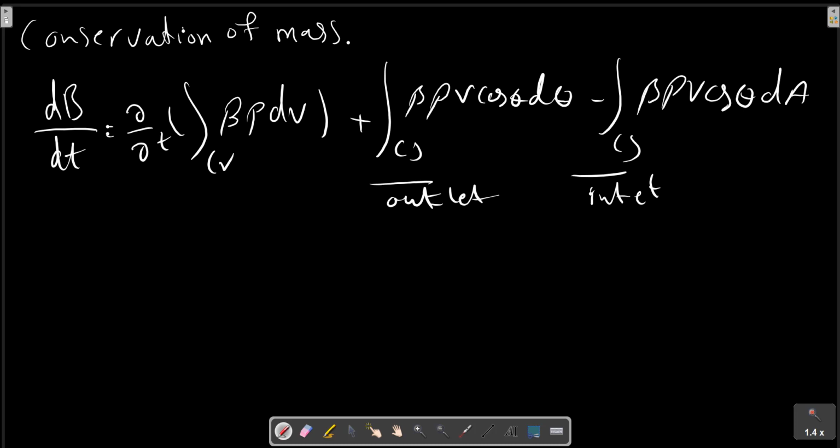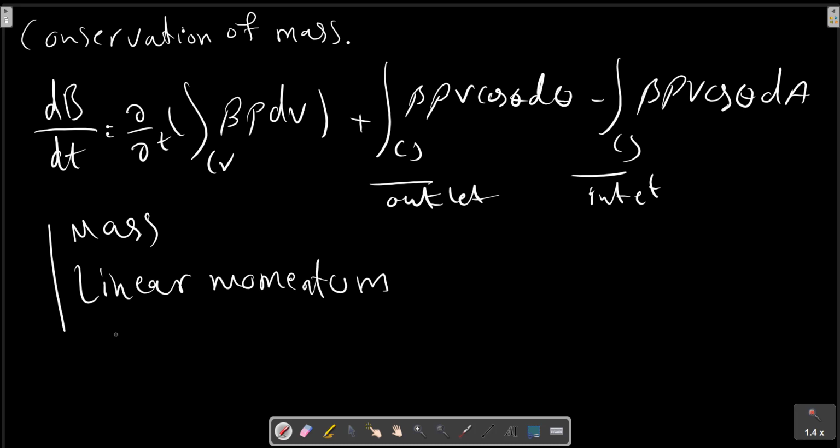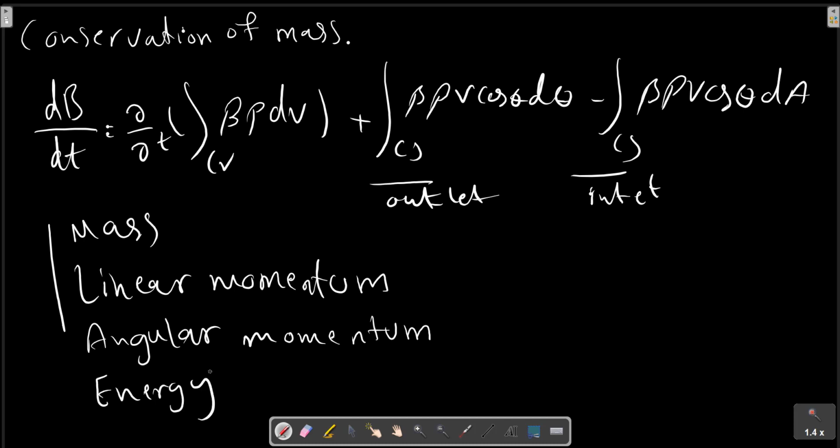The dummy variable B becomes, respectively, mass, linear momentum, angular momentum, and energy, and the intensive values of these properties are the beta in the Reynolds transport theorem relation.